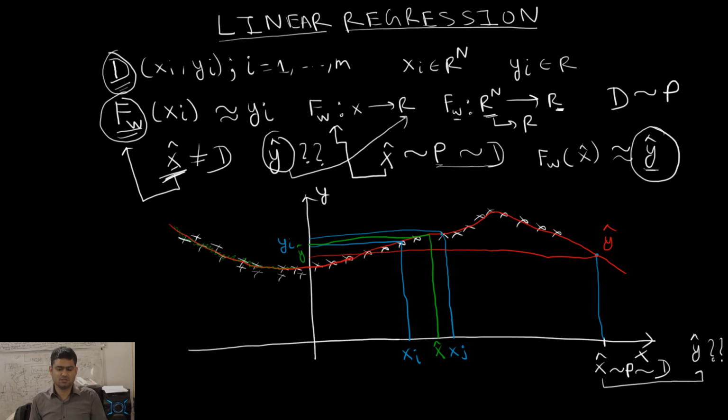Suppose you are doing autonomous driving and your goal is to predict the depth of the obstacles in the images. Each of these data points represents an obstacle in an image with different configuration, with different geometry, and each of these yi predicts the depth of the particular obstacle in that image.